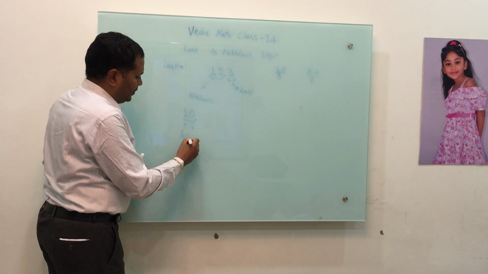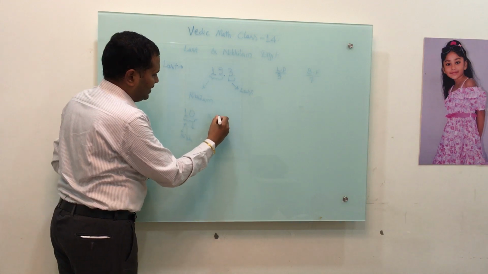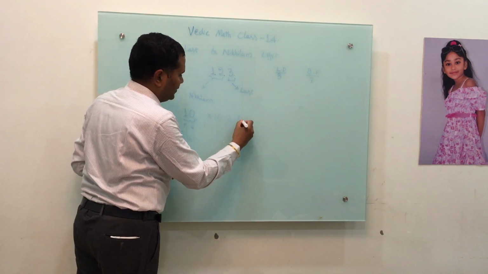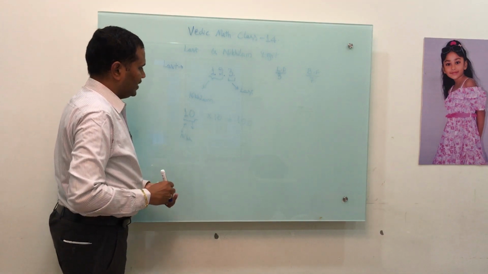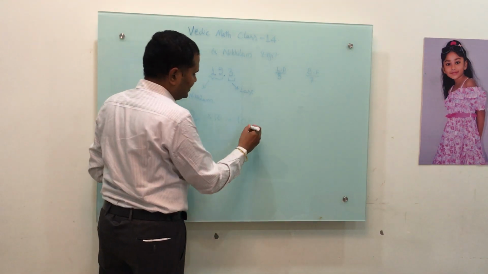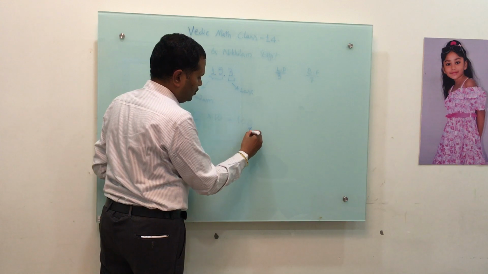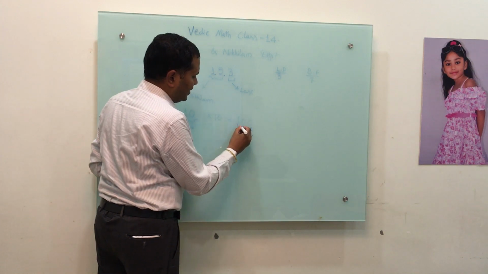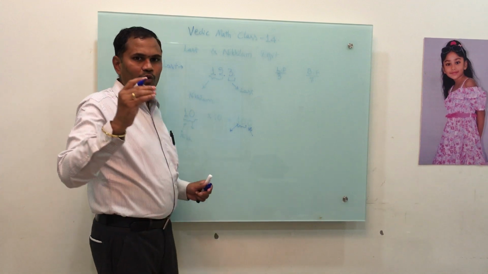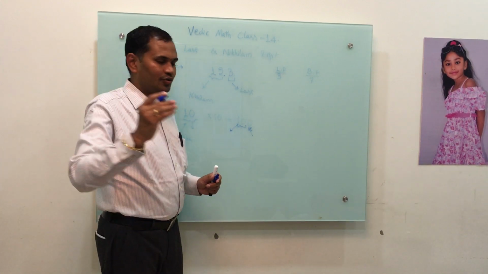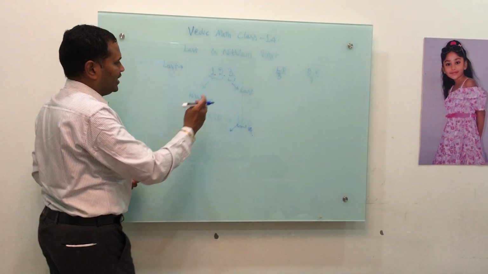And when you multiply it one more time, that equals 100. In this 100, again the last digit is 0 and the Nikhilam digits are 1 and 0. So you will see only 1s or 0s in the multiples of 10.